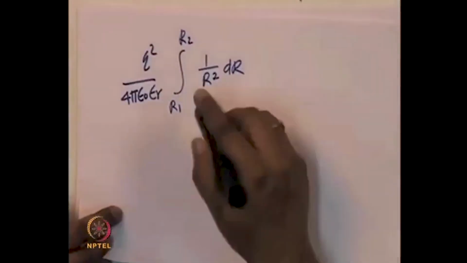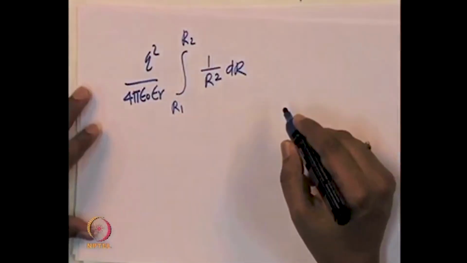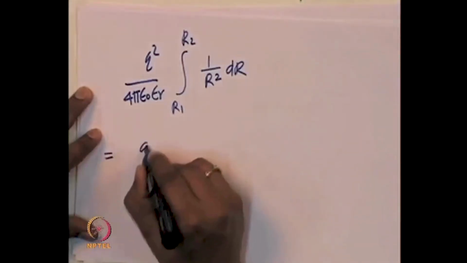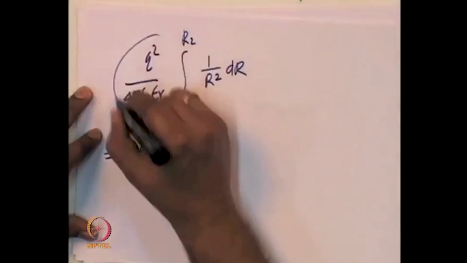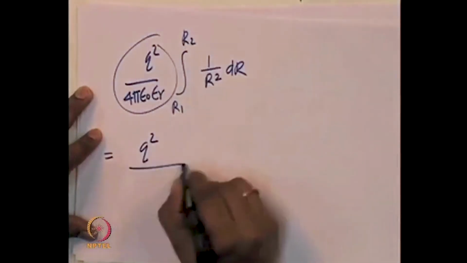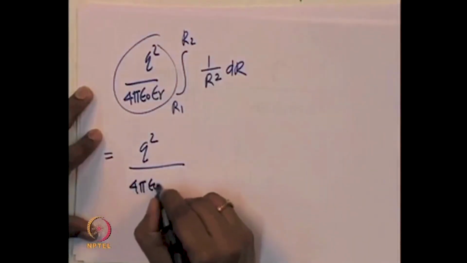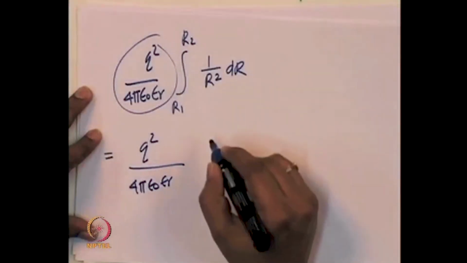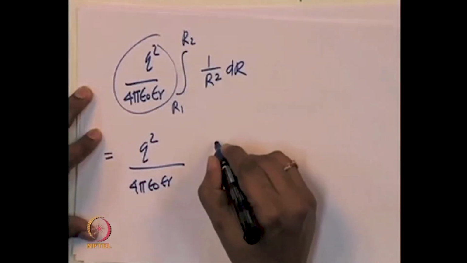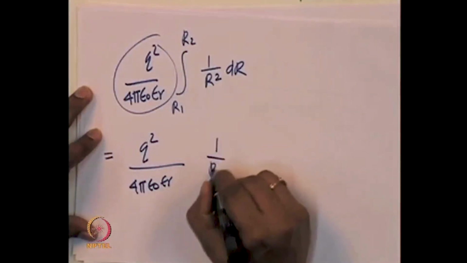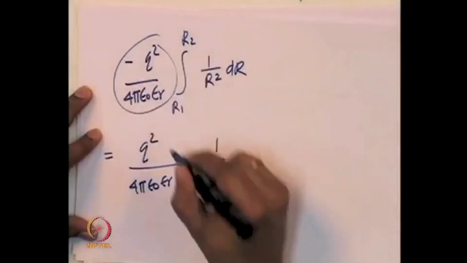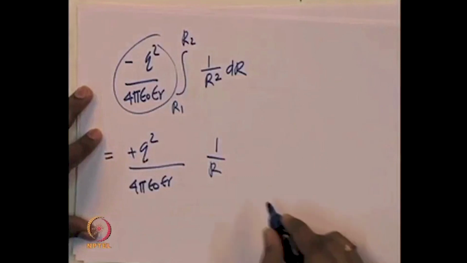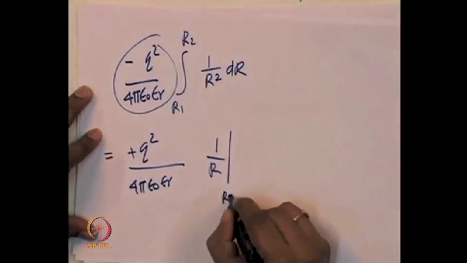Integral of this in the limits r1 to r2 is nothing but, this constant will exactly remain the same, q square by 4 pi epsilon 0 epsilon r, and integral 1 over r square, as we saw, is 1 over r with a minus sign. So, we had a minus sign here. So, that minus sign goes with a plus, it becomes plus here in the limits r1 to r2.